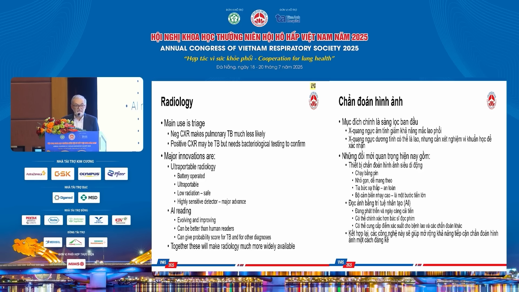Again, this makes it much more accessible to people operating in the most peripheral levels of the healthcare system. A doctor working in a health post, or even a non-doctor healthcare worker, can take the image and get it interpreted and get the information that's available from a chest X-ray. It's a big step forward.